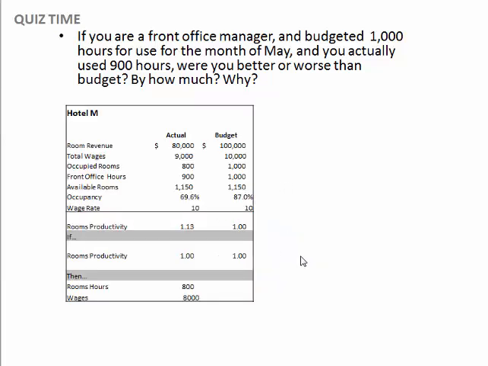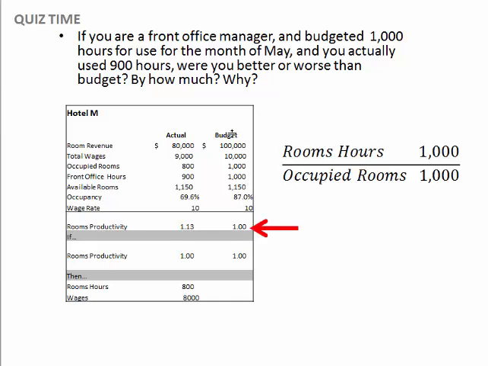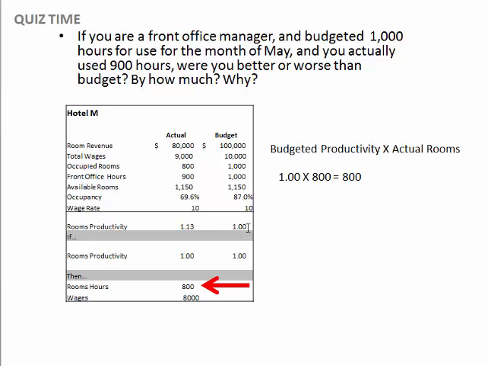Well, that same math that we just went through, we can calculate here. So we can take the budgeted front office hours here, which is 1,000, divide it by the occupied rooms, which happens to be 1,000 in this example as well, which gives us a productivity of exactly 1.